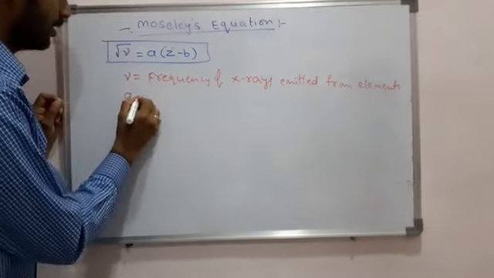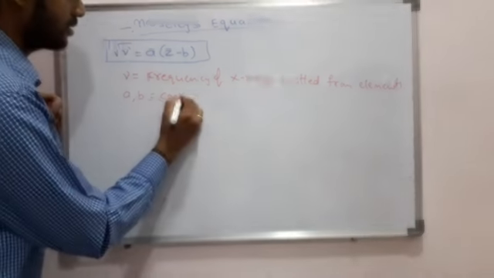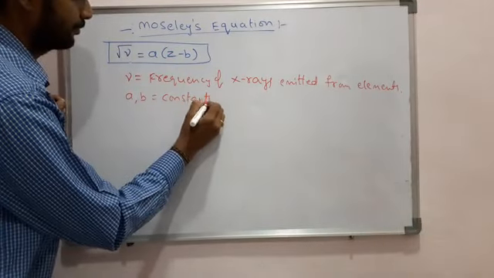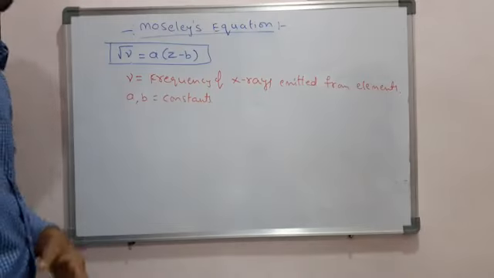What is a? a and b are constants which depend on nature.